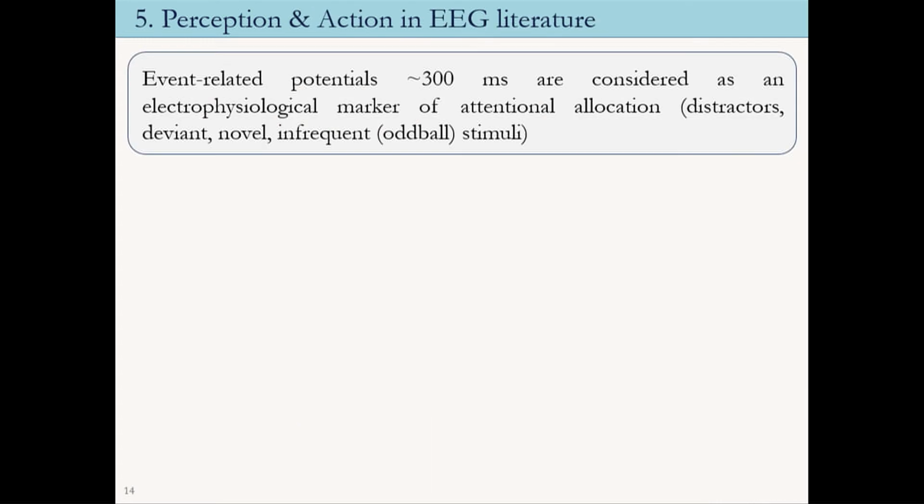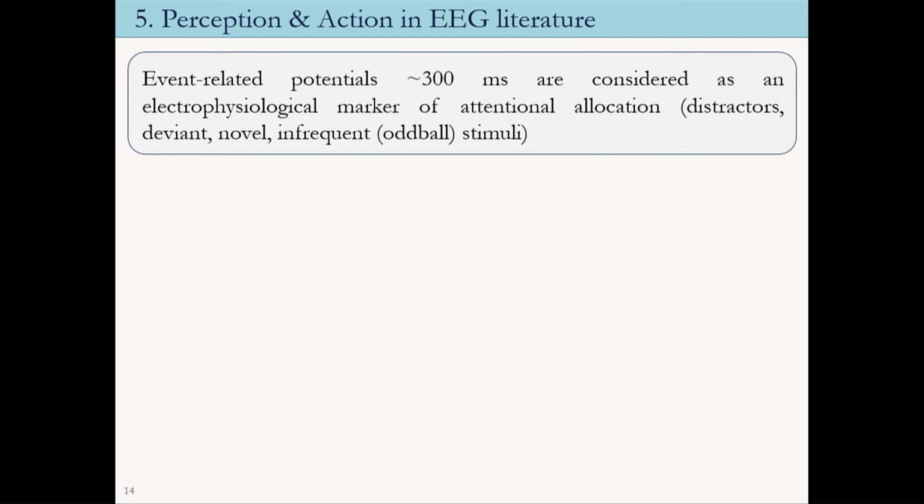Because if you go to the EEG literature, there are hundreds and hundreds of papers that report that around 300 milliseconds, we see modulation in our EEG signal, and that modulation is because we allocate attention to something, to a distractor, to another stimulus that shouldn't be there, to a stimulus that is novel, infrequent, and all this.